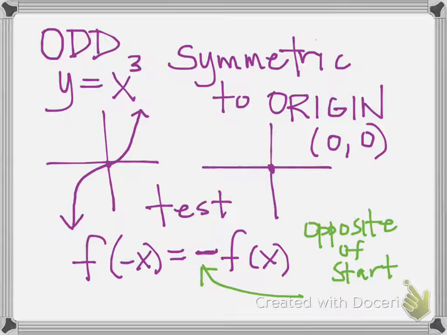Odd graphs are symmetric to the origin. This is the origin. (0, 0) is the origin. How the test works: you plug in a negative x, and you get out the opposite of what you started with. That negative sign is the opposite of what I started with.